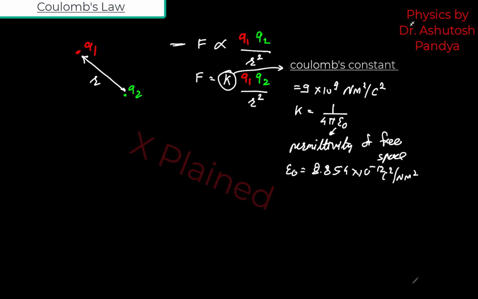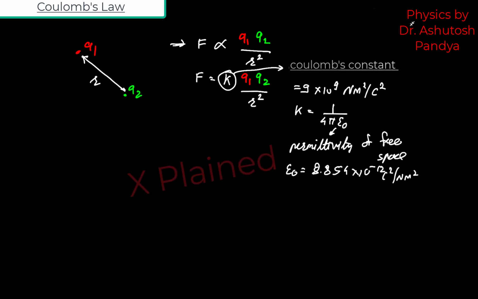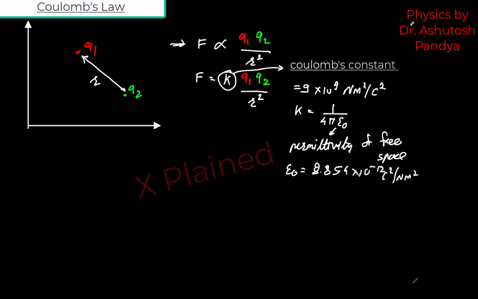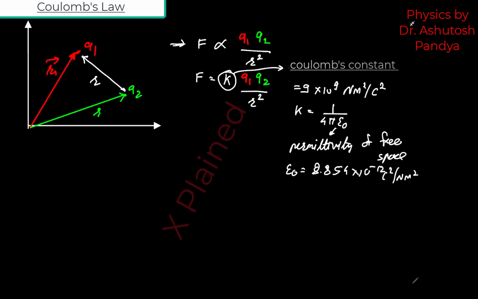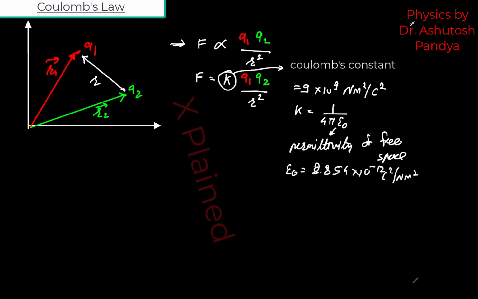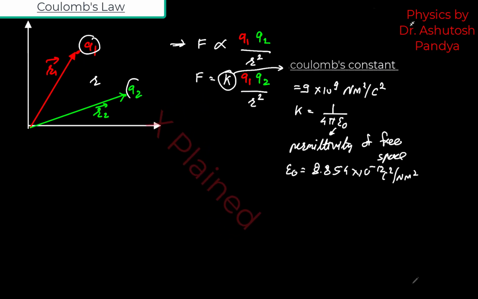So all of this is only the magnitude of force, but we know that force is a vector quantity. So we have to find the direction of that also. To obtain direction, let's consider the x-axis and y-axis. Now we need the position vector of Q1, which is R1 bar, and the position vector of Q2, let's say it is R2, and let's try to find the force on 1 by 2.